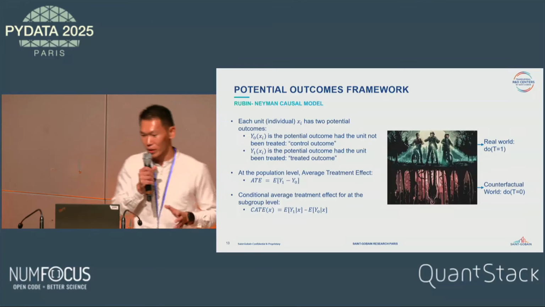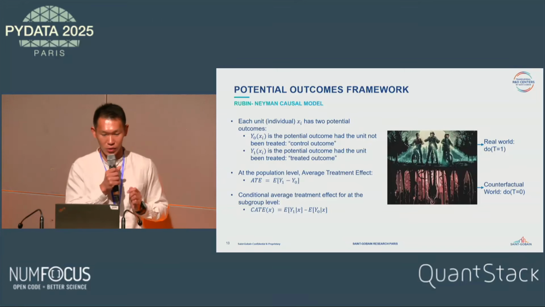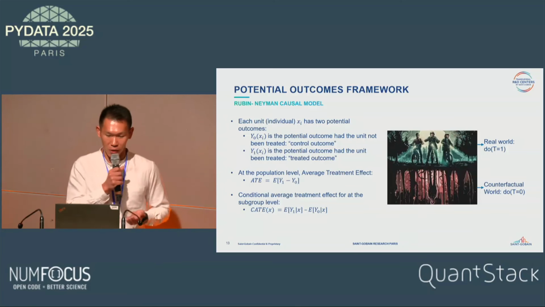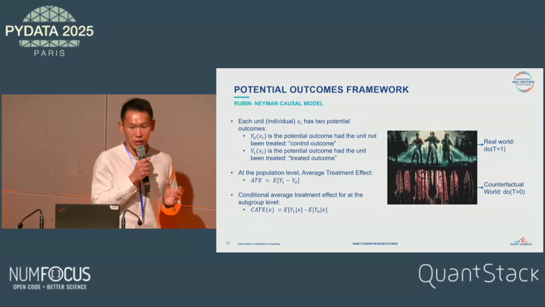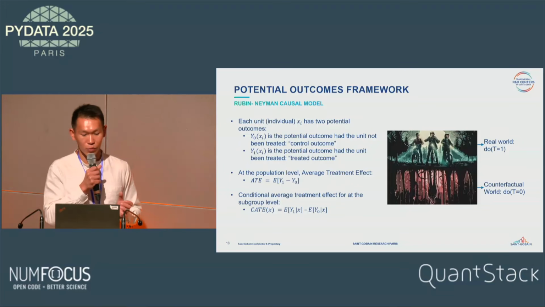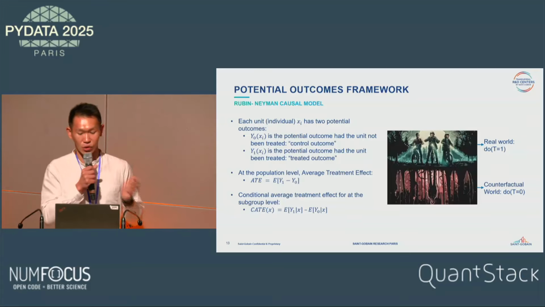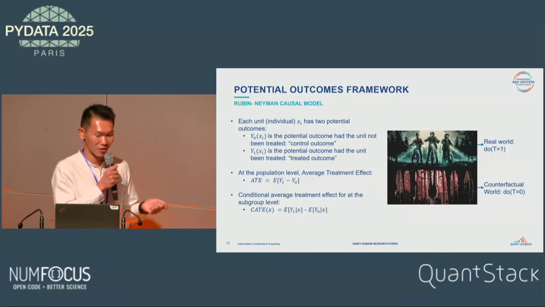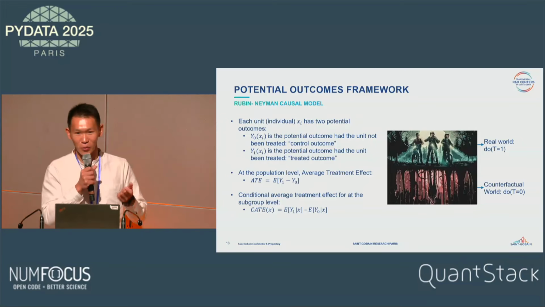The potential outcomes framework is the framework that we use when we carry out a causal inference study. It is also called the Rubin-Neyman causal model. In this framework, we assume that for each individual there are two potential outcomes. One is if it is being treated, and one is if it's not. But if you think about it, in the real world, that's not possible.